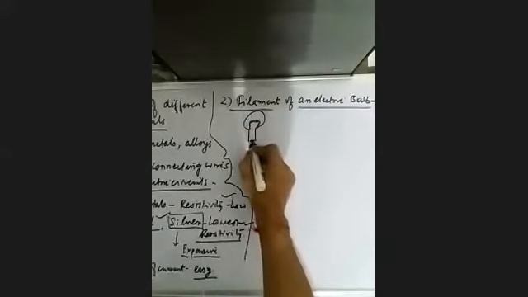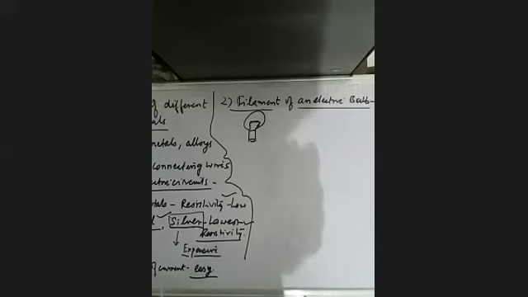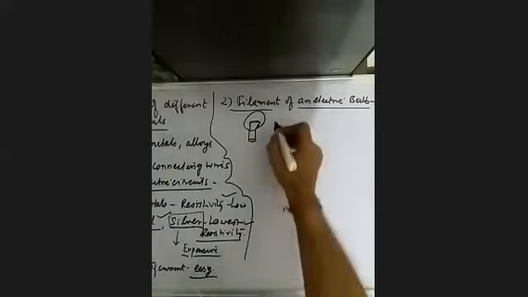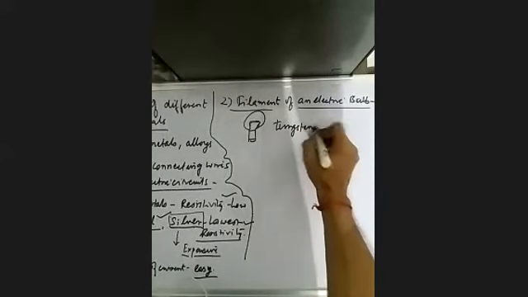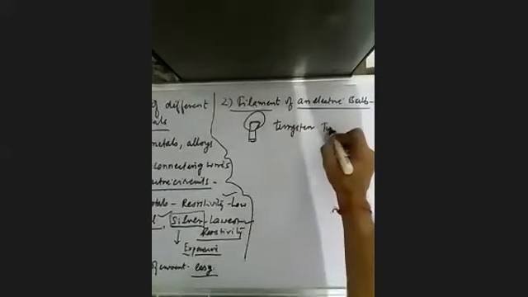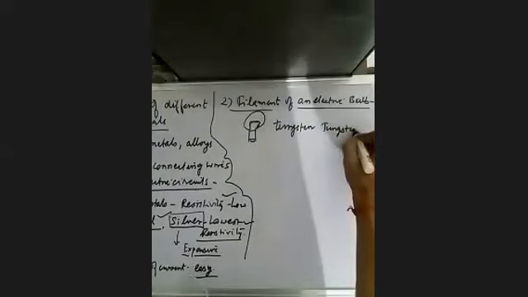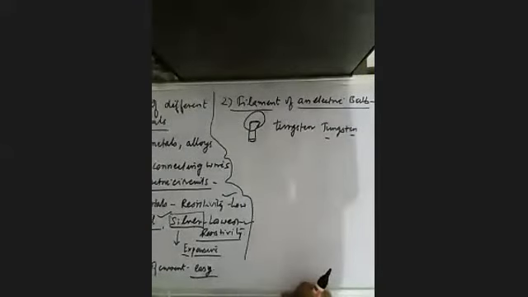Those are the simple yellow bulbs that we used before CFL and LED bulbs. They are called incandescent bulbs. And the filament of these bulbs is made up of a material called tungsten. Tungsten is the material used to make the filament of electric bulbs.